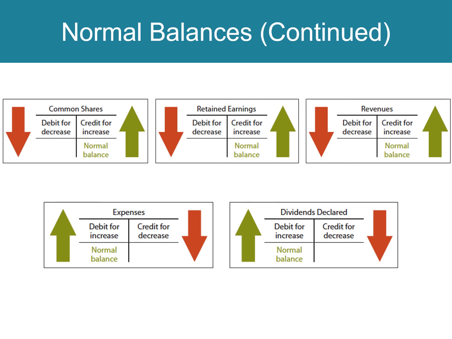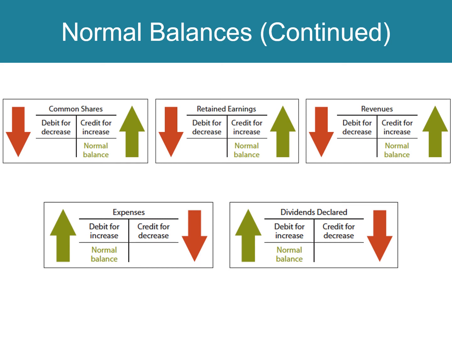However, shareholders' equity consists of different components, and they do not all move in the same direction. Shareholders' equity is usually composed of common shares and retained earnings. Retained earnings can be further subdivided into revenues and expenses, which together make up net income, and dividends declared.